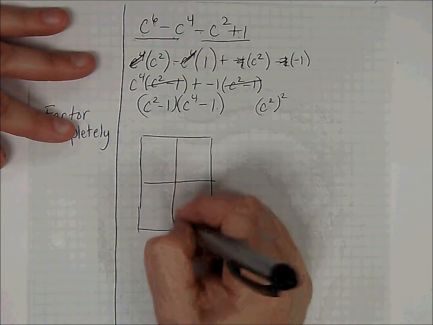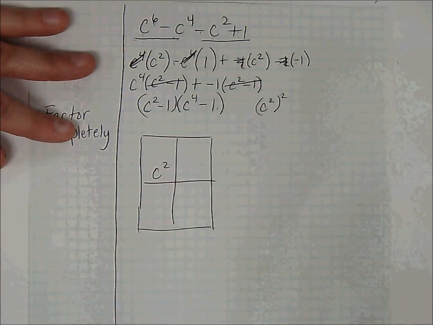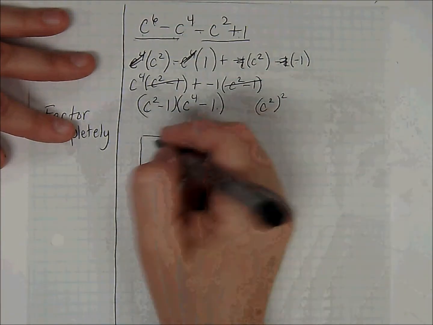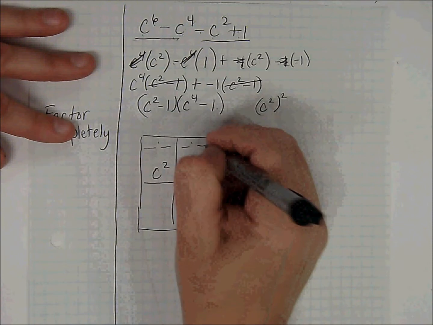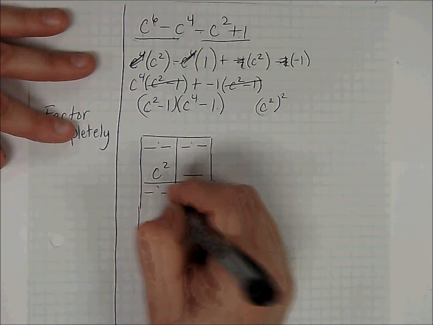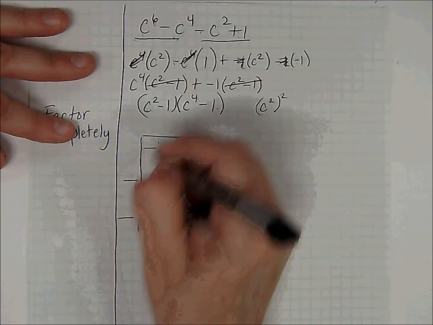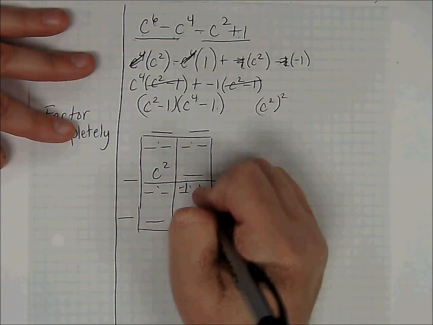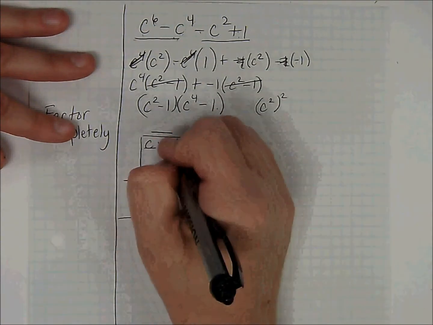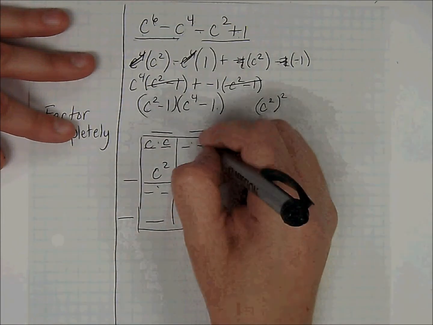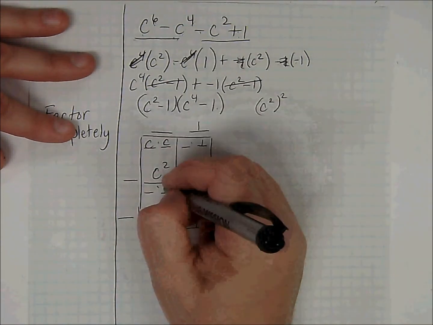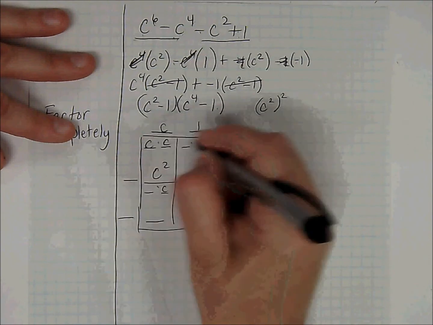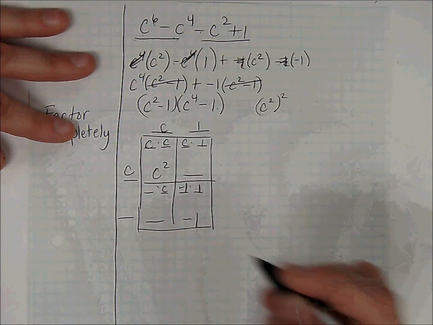So if we bring our box, and we fill it out, all the parts. So the only way to get minus 1 is a minus 1 and a positive 1. C squared would be c and c. So here, 1. Here is c. Here's c.